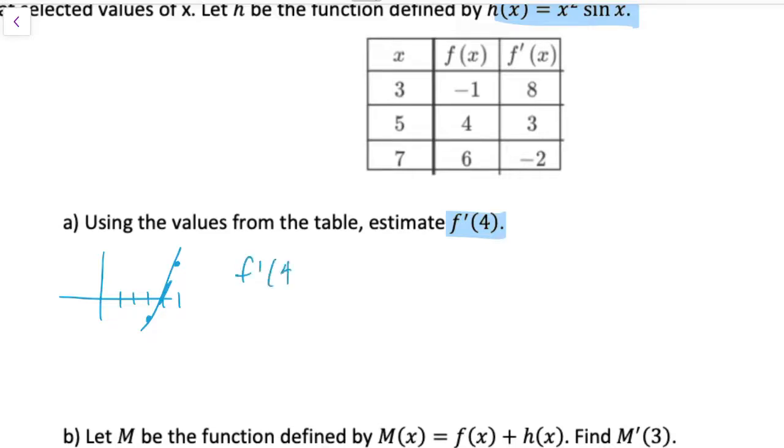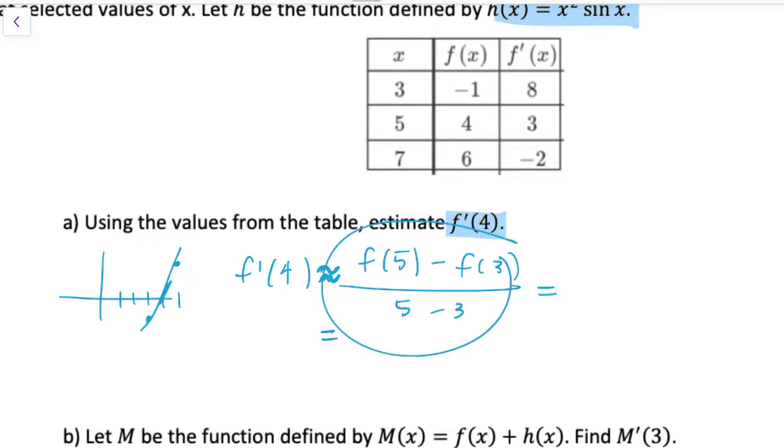So f prime of 4 is approximately equal to f of 5 minus f of 3 over 5 minus 3. So notice we had approximately equal to, but that is equal to. So this piece is equal to.